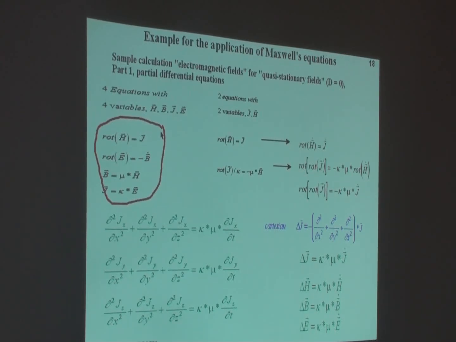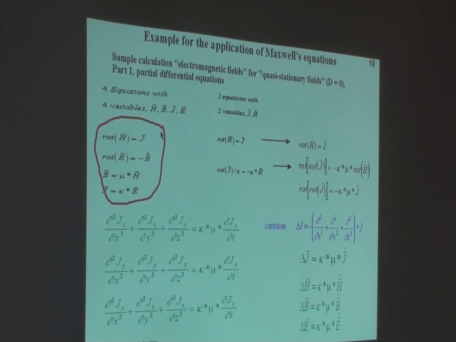And this is a calculation of vectors. We have 4 vector variables. How to solve this? We have to put in all the things. We have to have one differential equation for one variable.